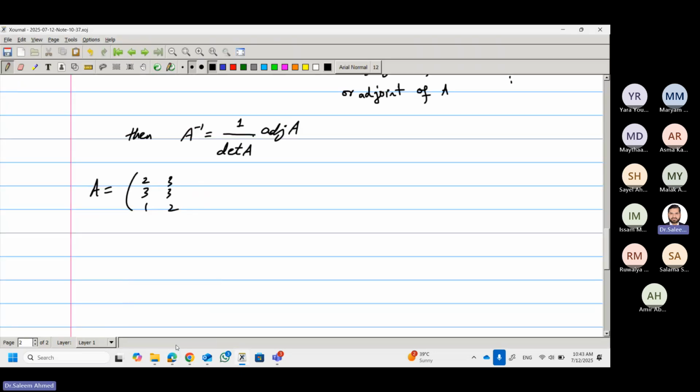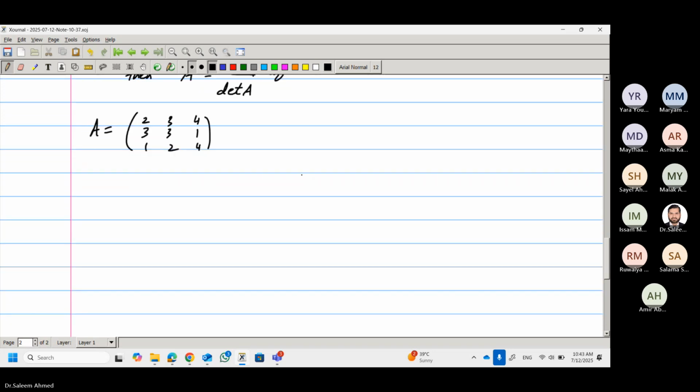Anyway, the first thing is the determinant of A. If the determinant of A is 0, there is no inverse. So this should be non-zero.